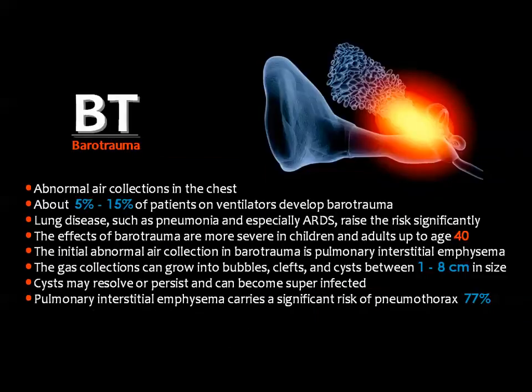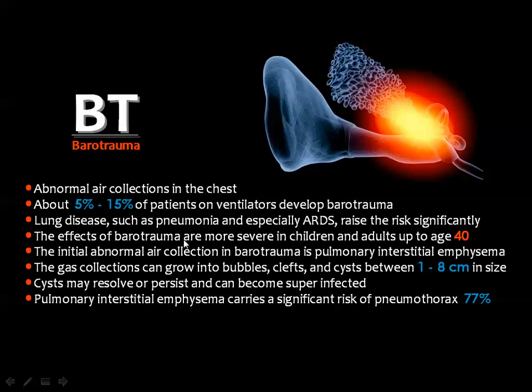Barotrauma means that abnormal air is collecting in the chest, which may occur in the lung, the pleura, or the mediastinum. About 5 to 15% of ventilated patients may develop barotrauma, and lung diseases like pneumonia, especially ARDS, have a high risk of developing barotrauma.